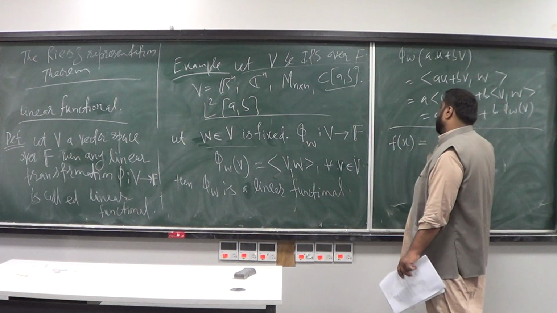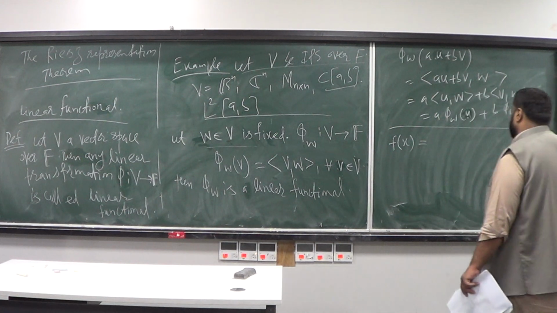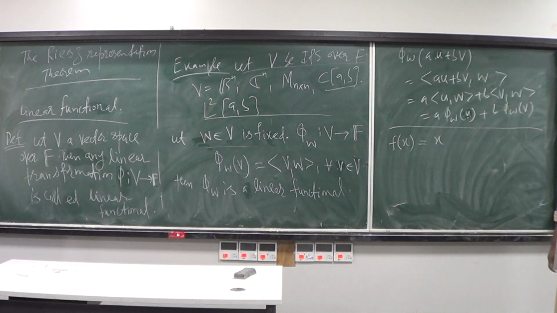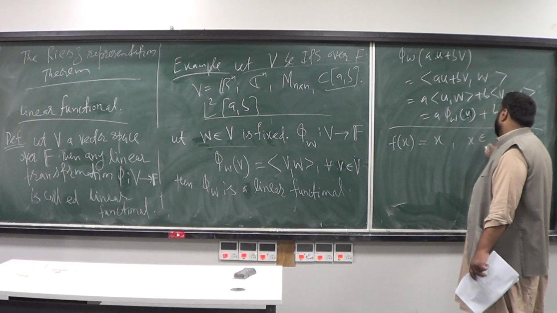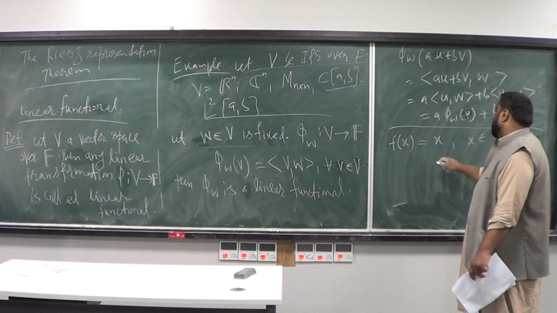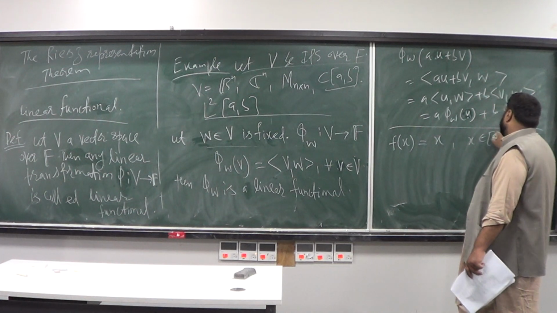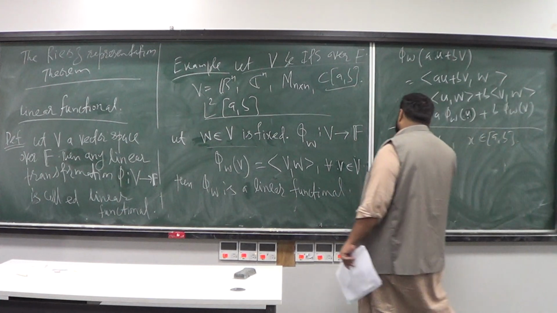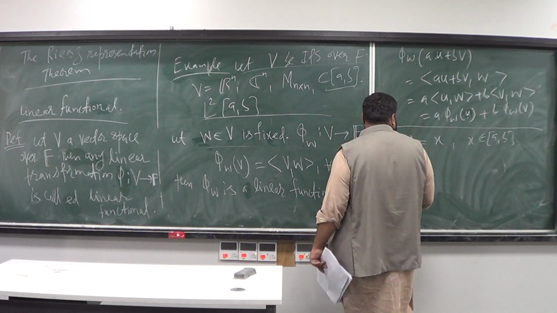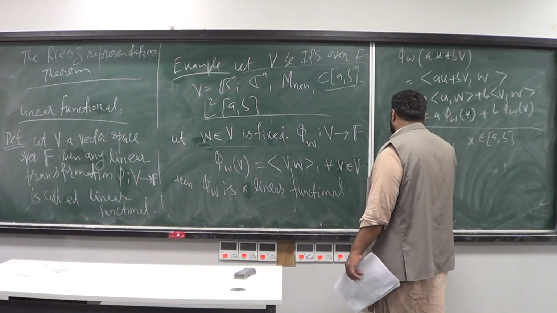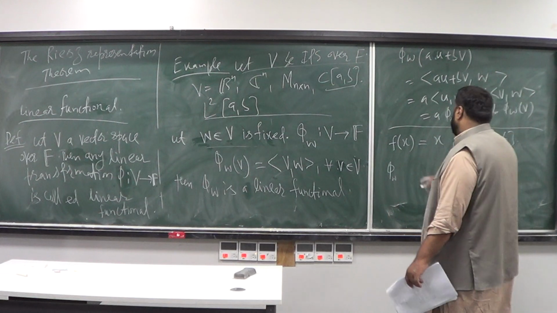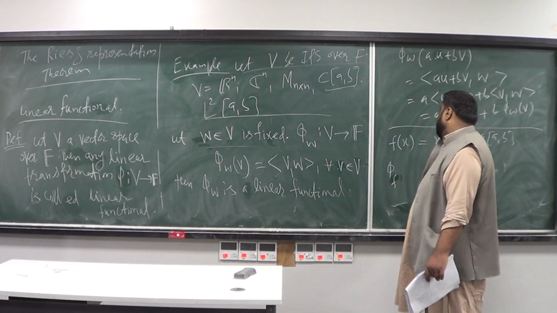So let's call it x, so it's a polynomial x, where x is in the interval a to b. Okay. So what would be the inner product corresponding to this f? So phi for w.